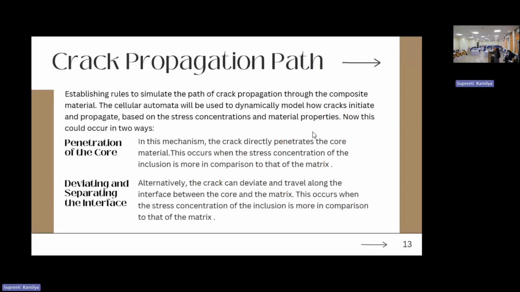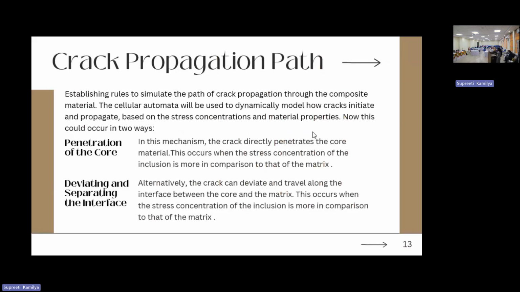So both realistically and from whatever we have observed from the CA theory, we have seen that there are two modes of crack propagation. One is penetration through the core, and the other is deviating and separating the interface. The penetration of the core happens when the stress concentration of the inclusion is more in comparison to that of the matrix, when the crack is directly penetrating inside the core material.